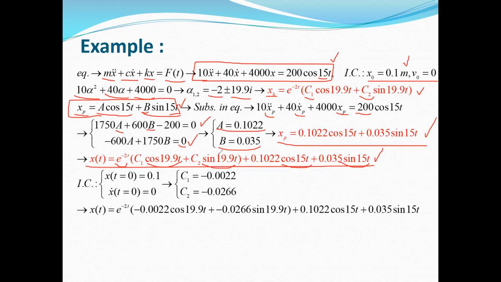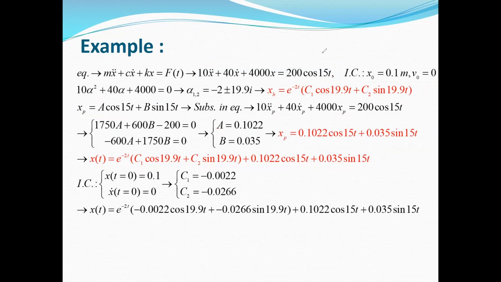And to find C2, we need to obtain the first derivative of x(t). The derivative of this x(t) is equal to, here we can divide it into two separate parts. The first part is the derivative of this term, and the second part is the derivative of this term.